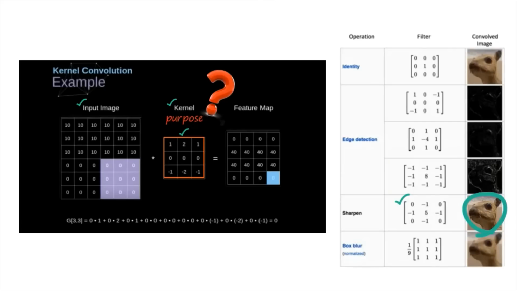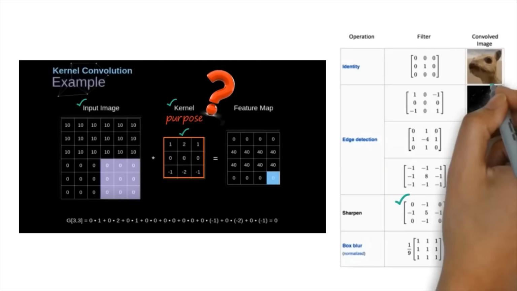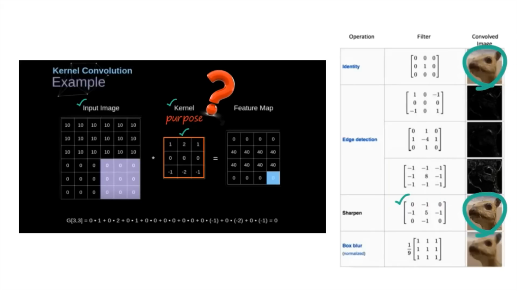So if the operation is image sharpening, then this is the standard value of the kernel that will give you a sharper image. But if you want to create an identity image, meaning whatever image you have, you want to generate exactly that image using CNN, then this will be the filter value. See, this is the identity filter.